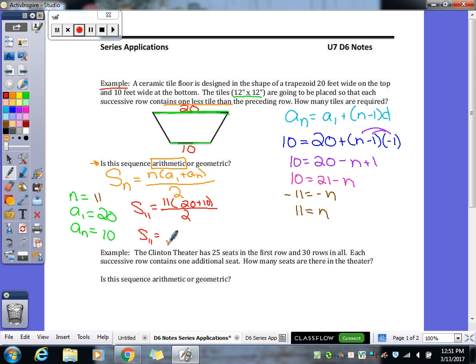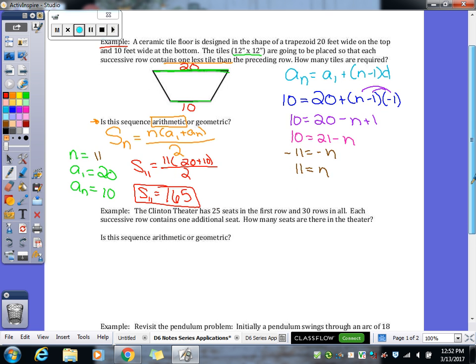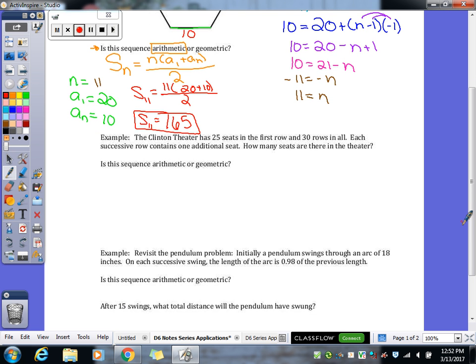How many tiles are we using total? There it is. So 165 tiles.